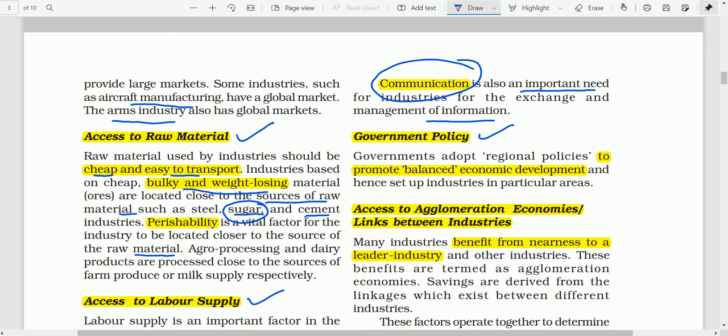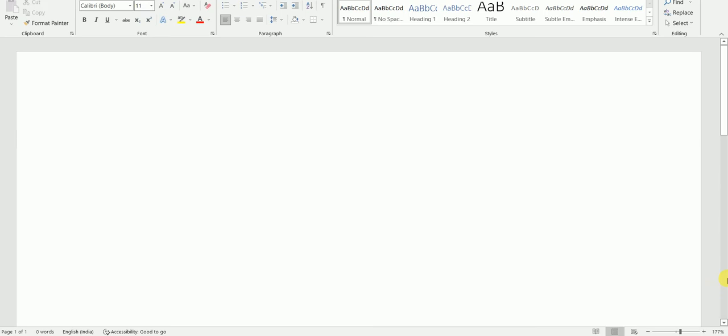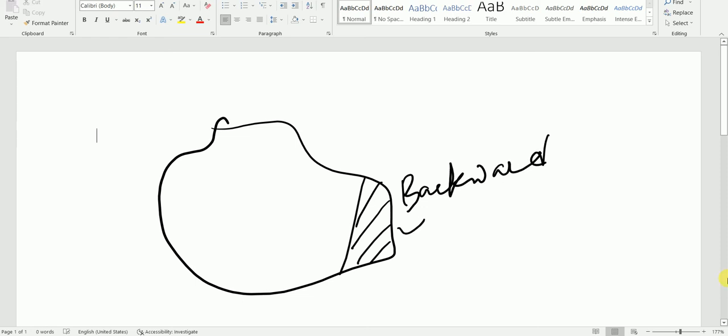Then next we have government policy. Governments adopt regional policies to promote balanced economic development and hence set up industries in particular areas. Let us consider one example here. Let us say this is a country, and this area is a backward area, with no natural resources, no coal available and no other mineral resources.